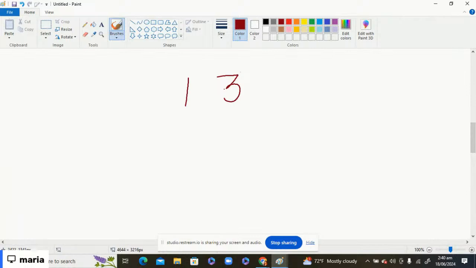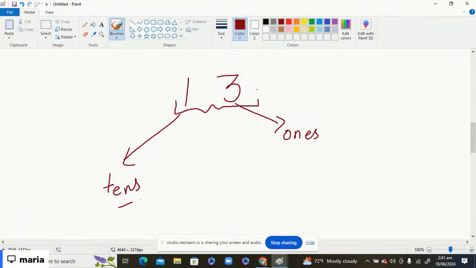Think about it and then tell me. 3 is in the ones place. So this one is in the ones and this one is in the tens place, because these are two digits. And if there is only one digit, this is ones place.